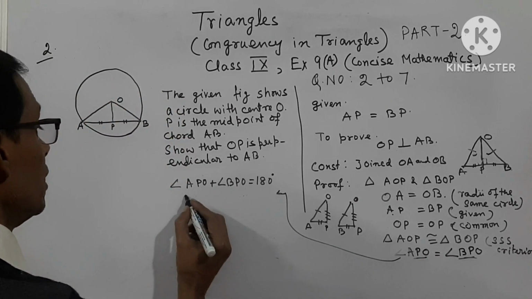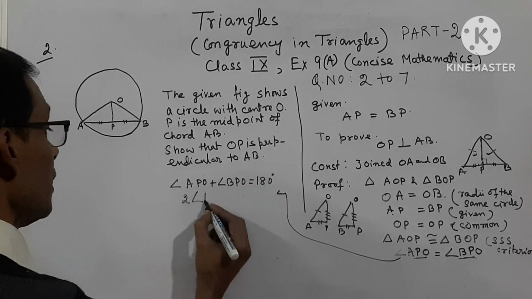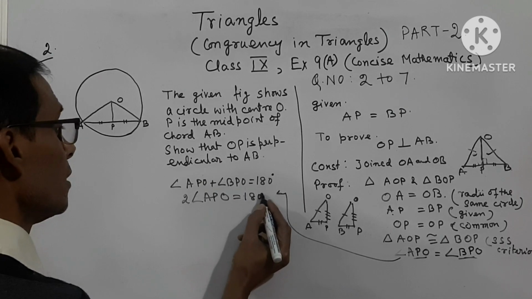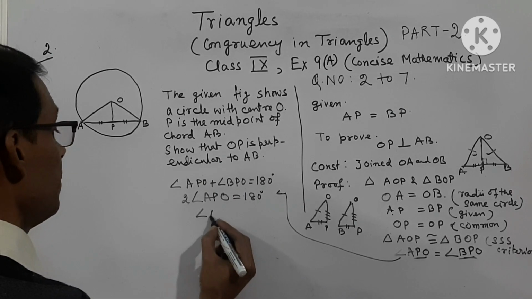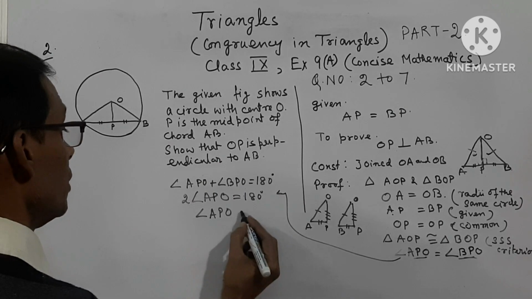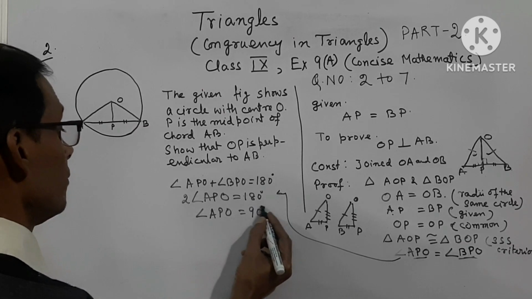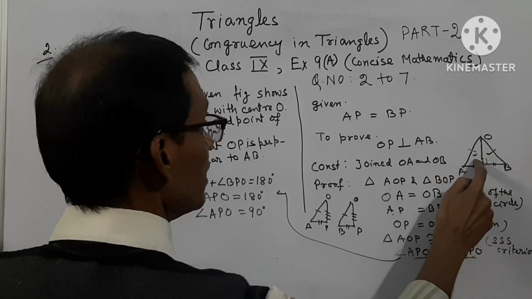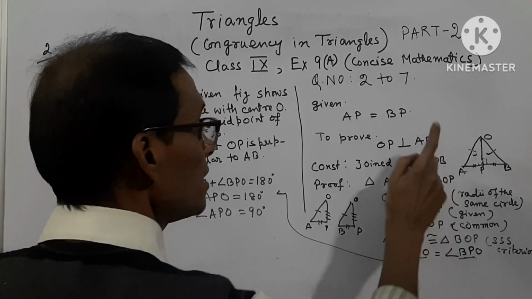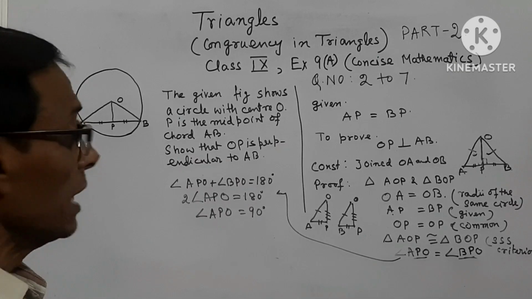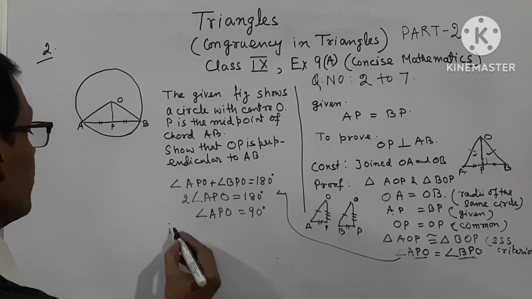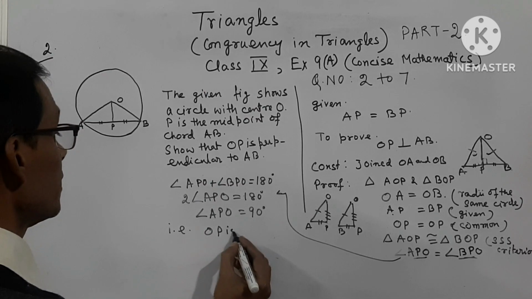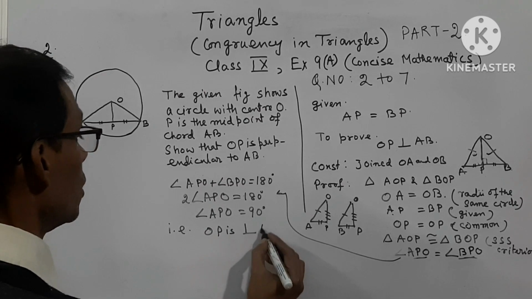So you can write 2 angle APO equal to 180 degree or angle APO equal to 90 degree. When APO is 90 degree, that means OP is perpendicular to AB.